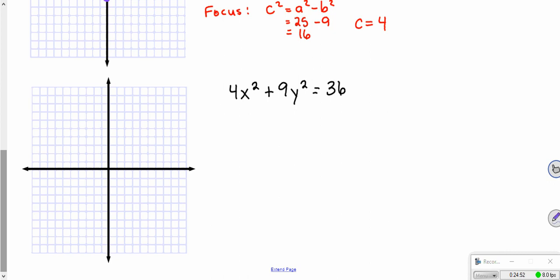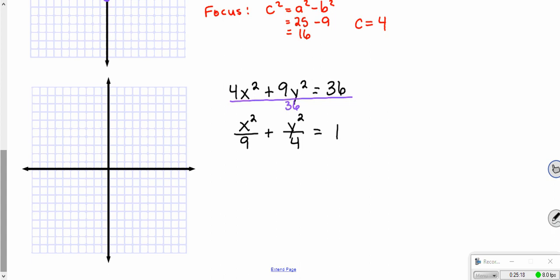So first thing I need to do is divide everything by 36. So what's that do for my equation? This gives me x squared over 9, 4 goes into 36 9 times, plus y squared over 4, 9 goes into 36 4 times, and 36 divided by 36 is 1.